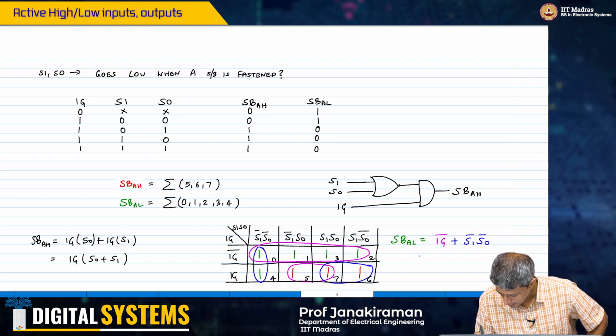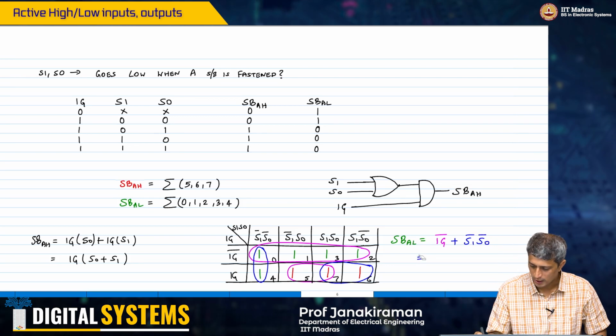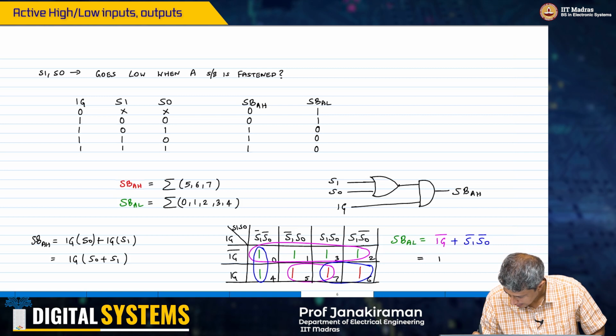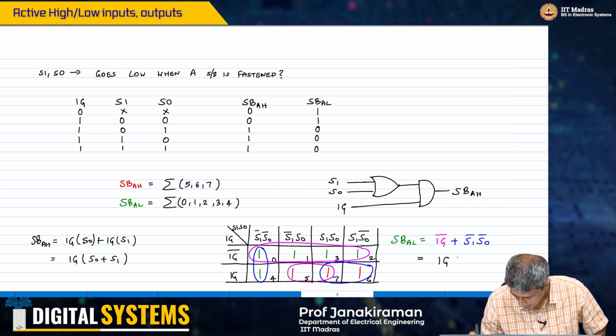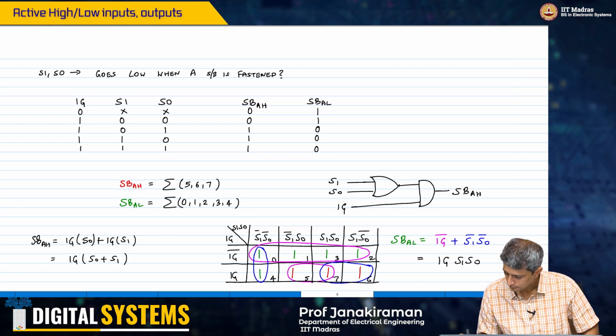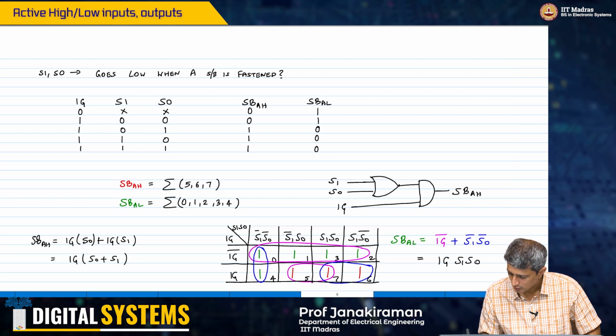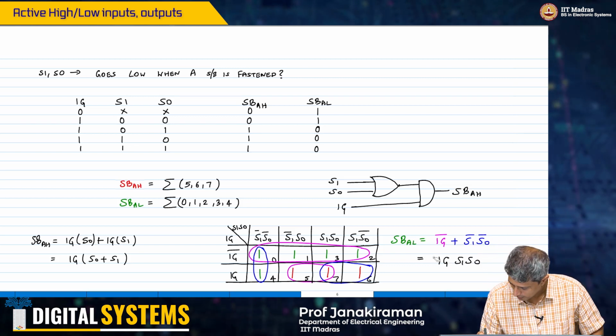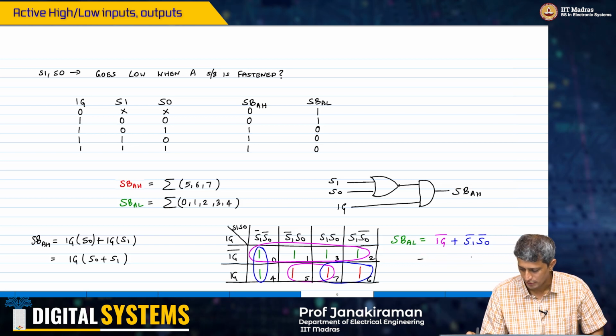So what does this simplify to for us? This can be simplified as IG into S1 into S0. So the best implementation is not obvious.